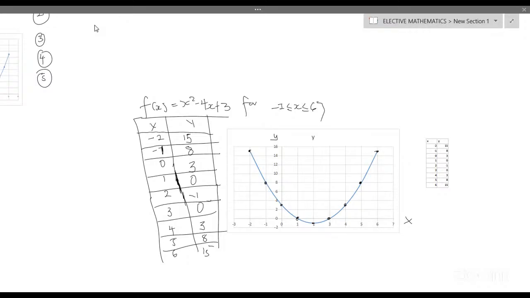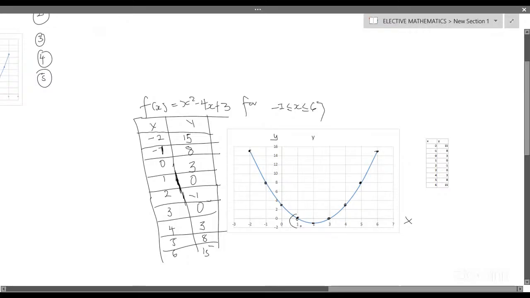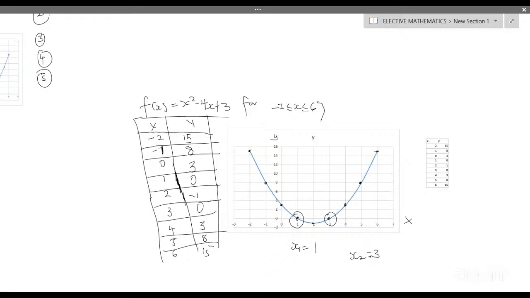Now, if you look at the graph, this is the point where the graph touches the x-axis, and this is the point where the same graph touches the x-axis. So here we can say x1 is equal to 1 and x2 is equal to what? 3. So from the graph, we've been able to solve our quadratic equation. You get the point?